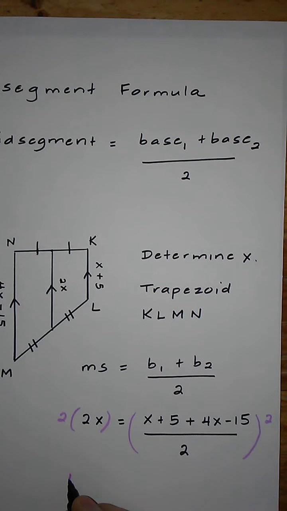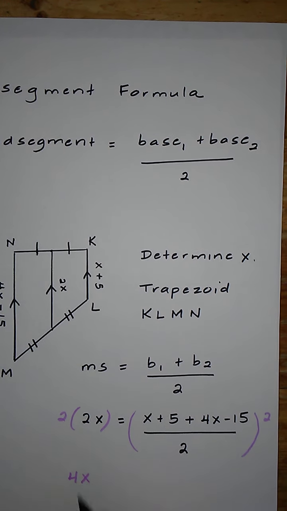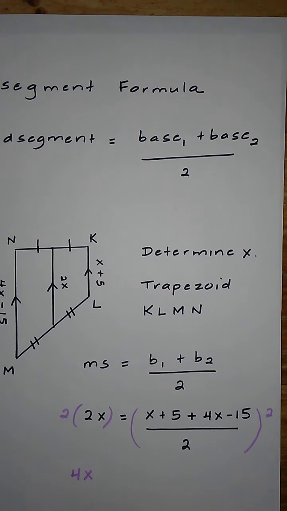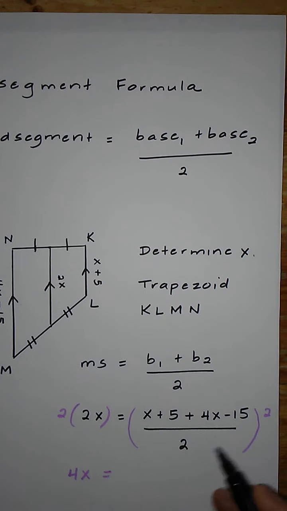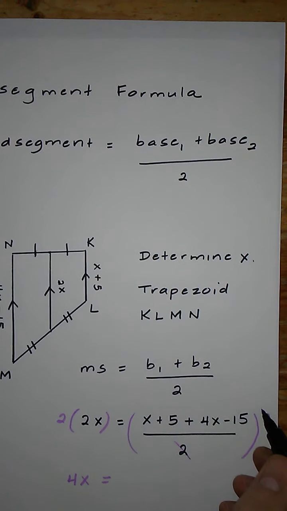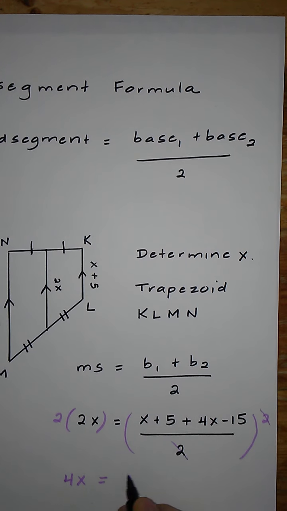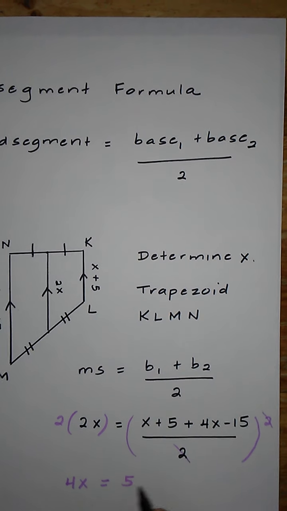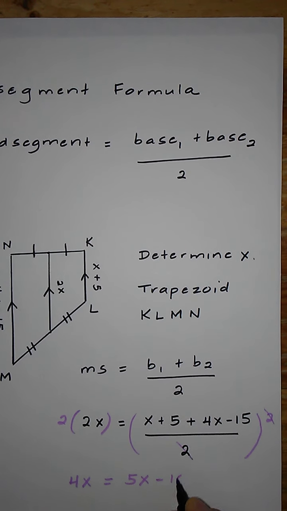That will create a 4x on the left. On the right, these are inverses, so they undo each other. I am going to combine like terms, though, for the numerator to try to streamline this here. So I have 5x minus 10.